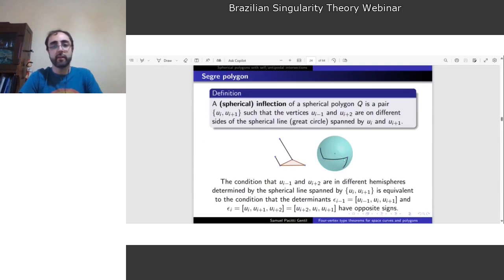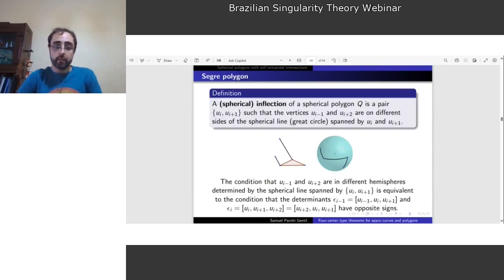The great circle is spanned by these 2 vertices. And then this other point is on the other hemisphere. So this is an inflection. And it's interesting to notice that an inflection will happen if and only if the corresponding original space polygon has a flattening. So this is an important point.